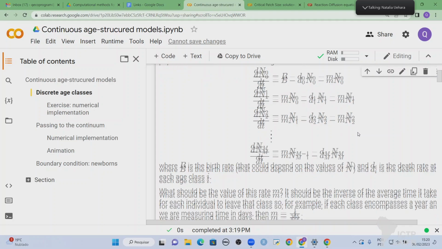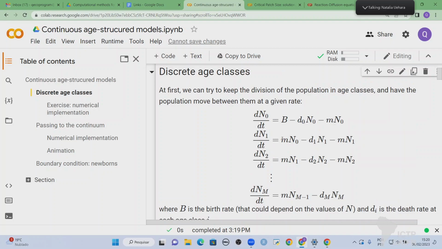Okay, and now I want you to sum these terms here. You see that the first population doesn't have a term like that, only from the second onwards. And from the second onwards, what I sum to it is not itself, but the array shifted by 1. So in the first equation, in n1, I sum n0; in n2 I sum n1; in n3 I sum n2.